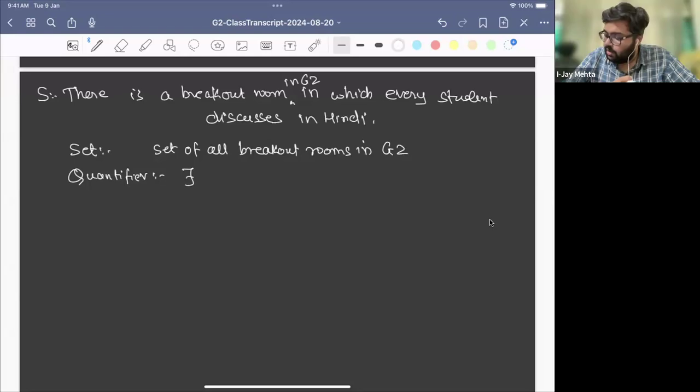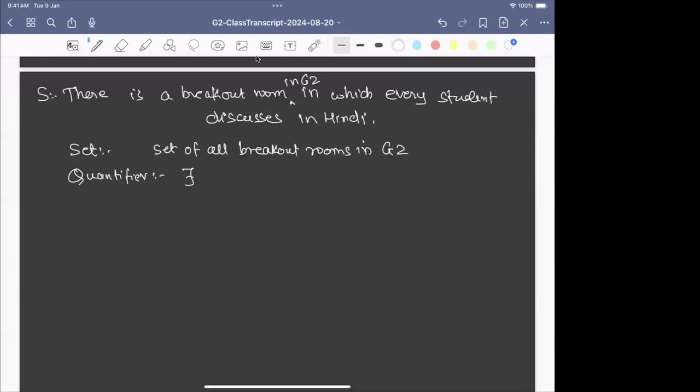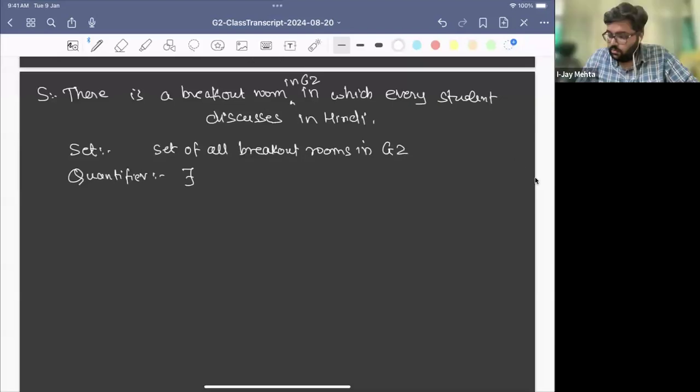Any notation for the set? Set of all breakout rooms in G2. Arpita, you want to give some notation? Some notation for this set we want to give. Okay, some letter.